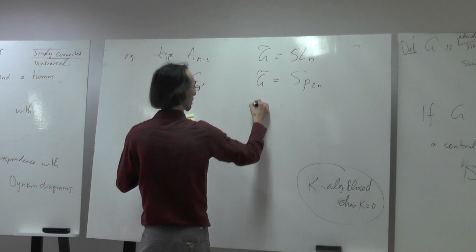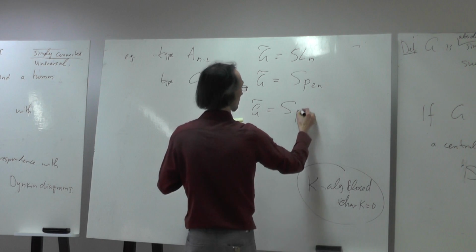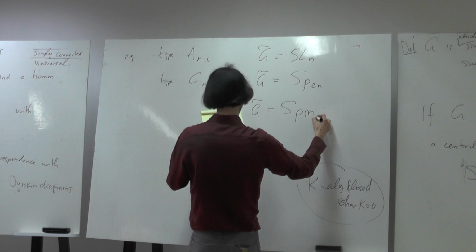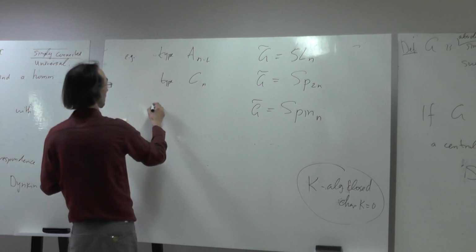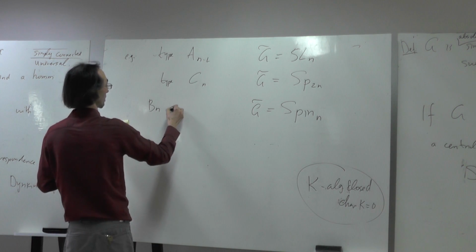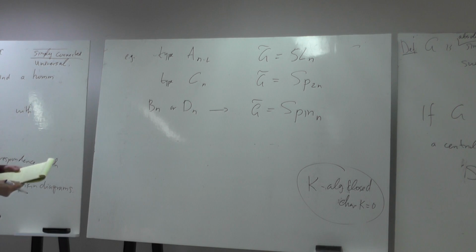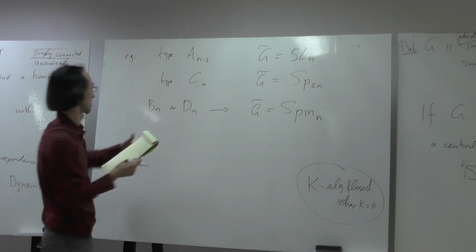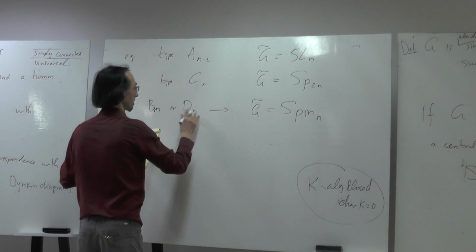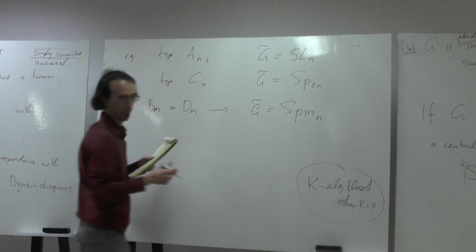Also G tilde could be one of the spin covers of the orthogonal groups, in type B_n, D_n. Okay, this integer is about half of this one.